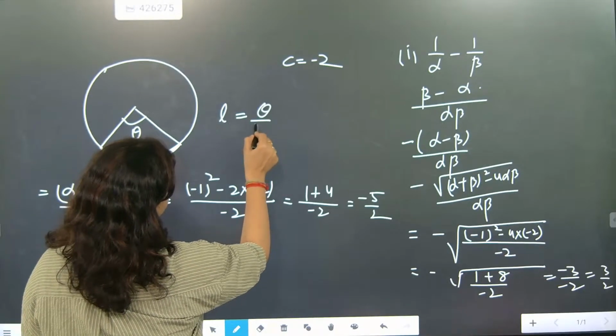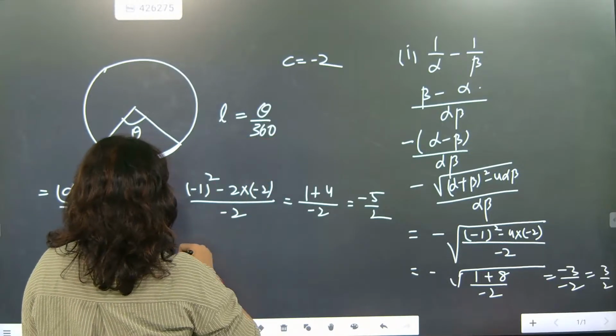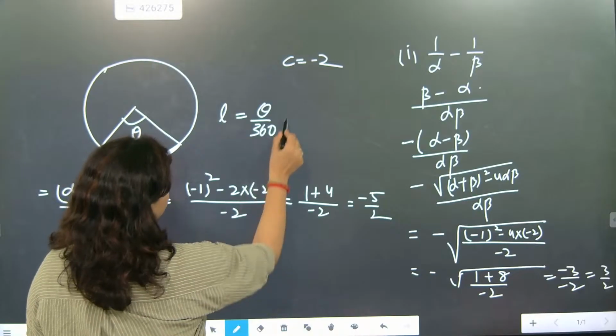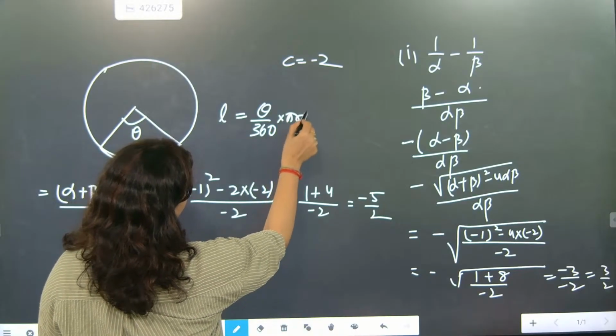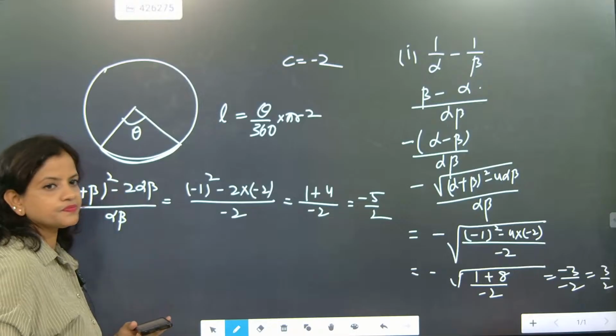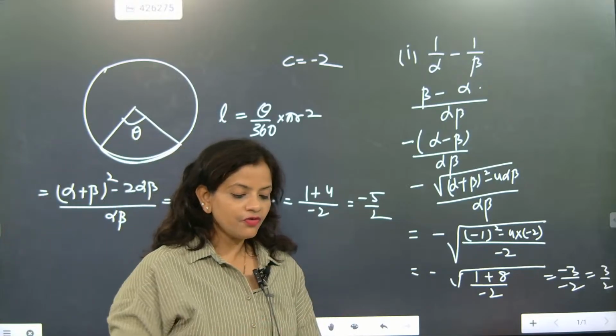Area of sector is theta by 360 into pi r square.